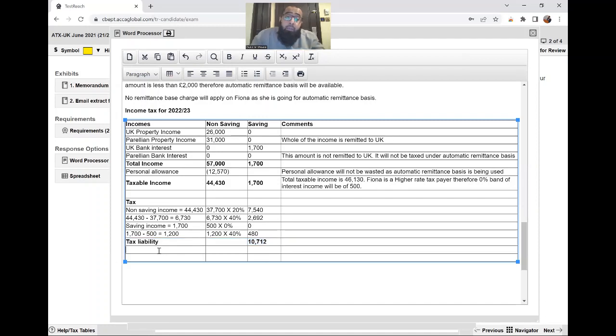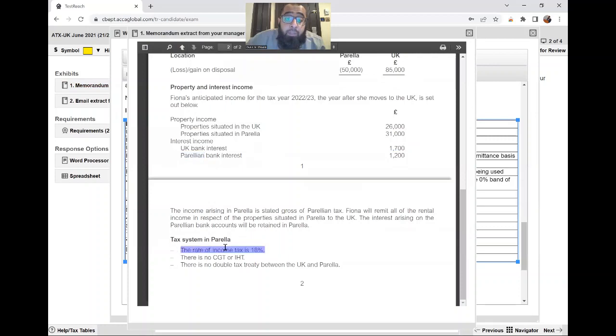Now, one last thing is remaining, which is double taxation relief. Why double taxation relief? If you look at the memorandum, here it was written that the rate of tax in Kerala is 18%. So we need to look at double tax treaty. Now, some students will get confused that, sir, there is no double tax treaty.